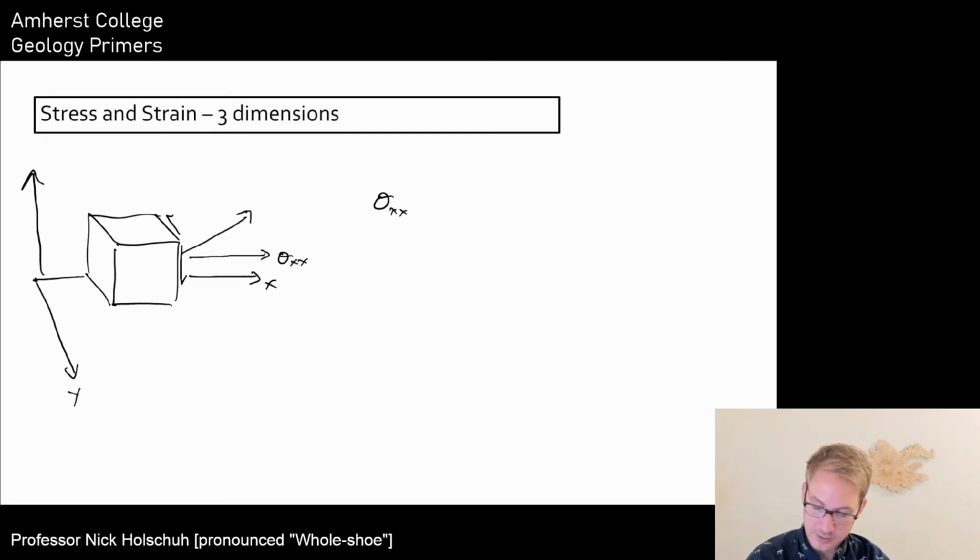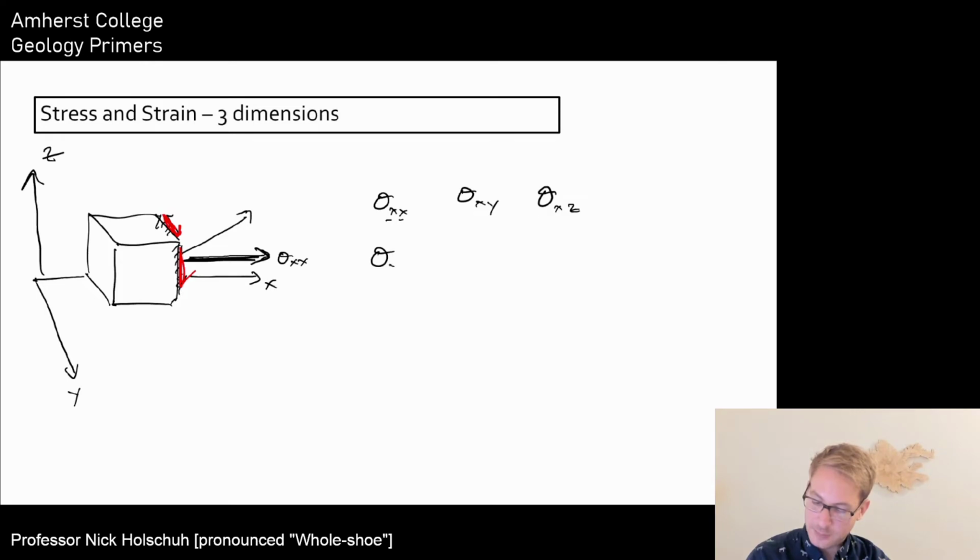Here's x, here's y, here's z. So remember, this first tells us which face we're acting on, which is this face here. The second tells us the direction that we're acting. We can also have sigma xy, so acting on the x face in the y direction. And here we have acting on the x face in the z direction.